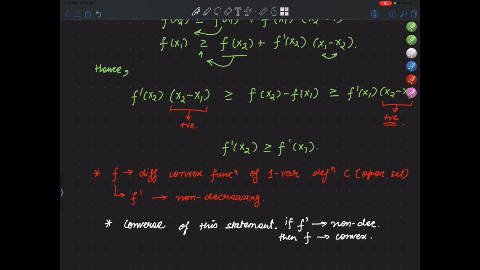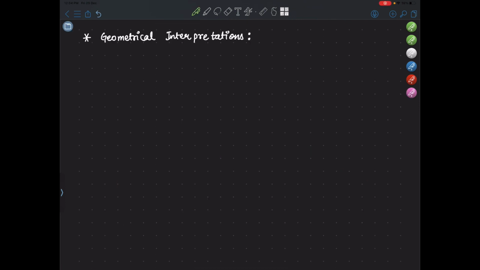So this we can write. Apart from the above two interpretations, there are two more interpretations related to the convex programming problem. So let's discuss them now.